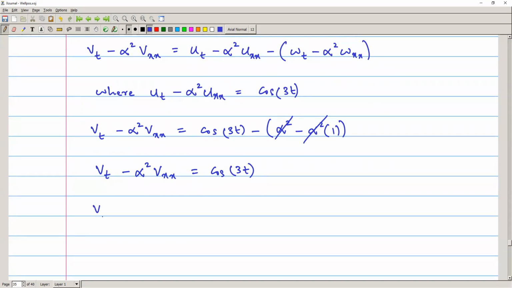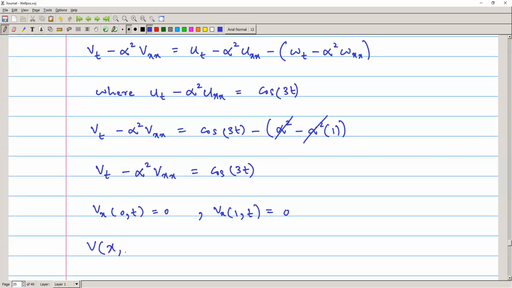Now the boundary conditions are also homogeneous, because we know that v_x(0, t) will be equal to u_x(0, t) minus w_x(0, t), and that will make it 0. Again for v_x(1, t), u_x(1, t) minus w_x(1, t) will be 0.